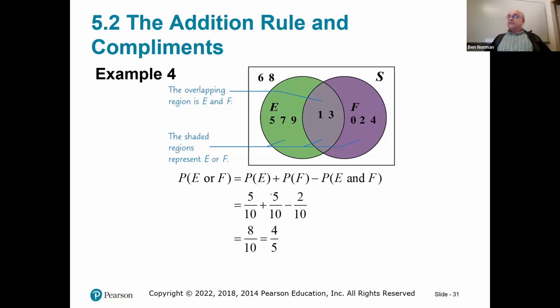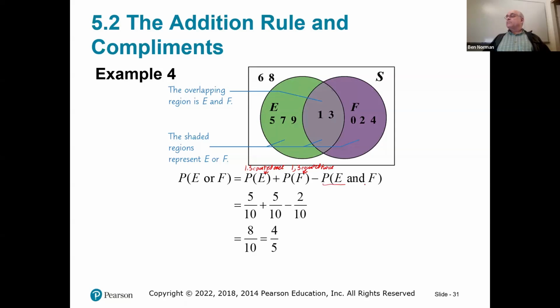So we get 5/10 plus 5/10 minus 2/10 to give us 8/10, which reduces to 4/5, which is what we want to begin with. So 1 and 3 counted once here. 1 and 3 counted twice here.